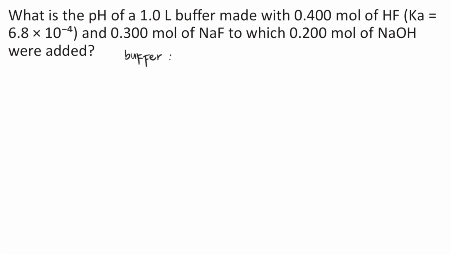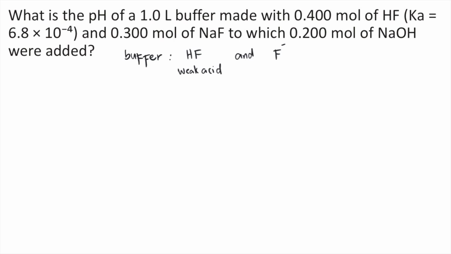And the buffer contains two things. Number one, it contains HF. And we know that HF is hydrofluoric acid. It's a weak acid. The buffer also contains F minus, or the fluoride anion. So you may be wondering, where does F minus come from?